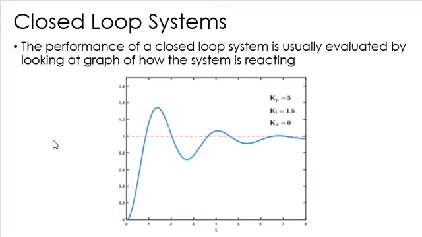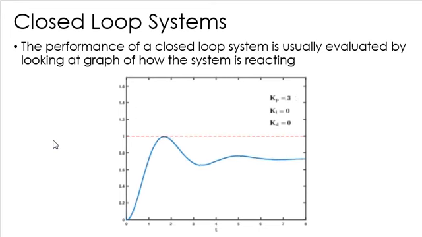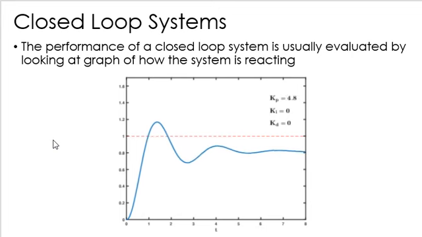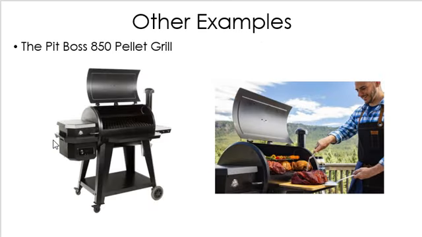You can see there we have a set point of 1, and this is adjusting the P, I, and D values to try to get a nice response of how to move your output to that desired set point without a big overshoot or a long settling time either, trying to get to the set point nice and quickly without overshooting too much by adjusting the P, I, and D values.